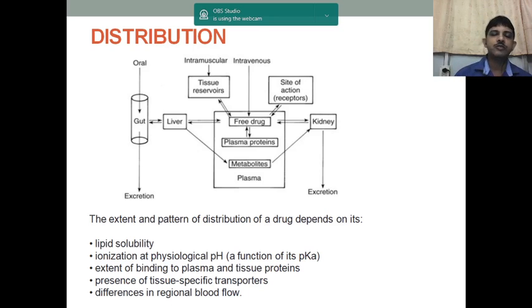Now the distribution of the drug means that after administration, the drug is distributed into the different body compartments or body parts.